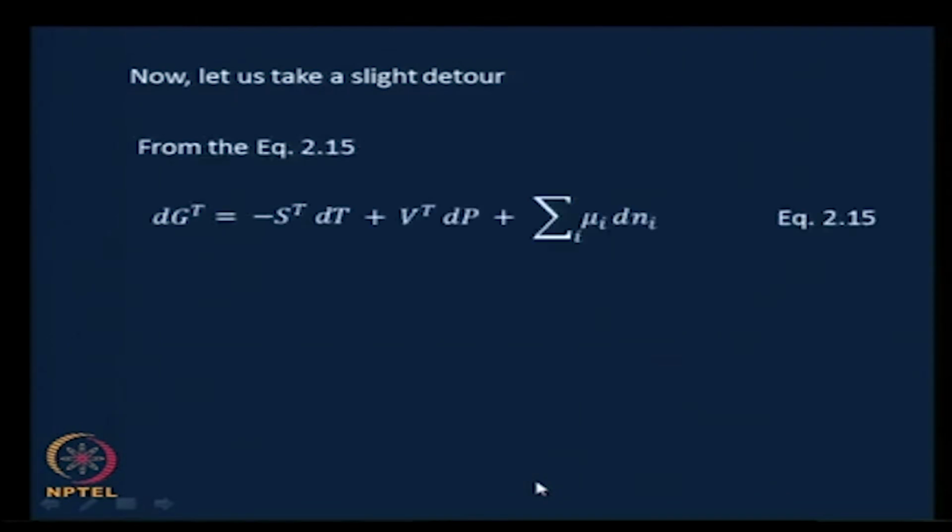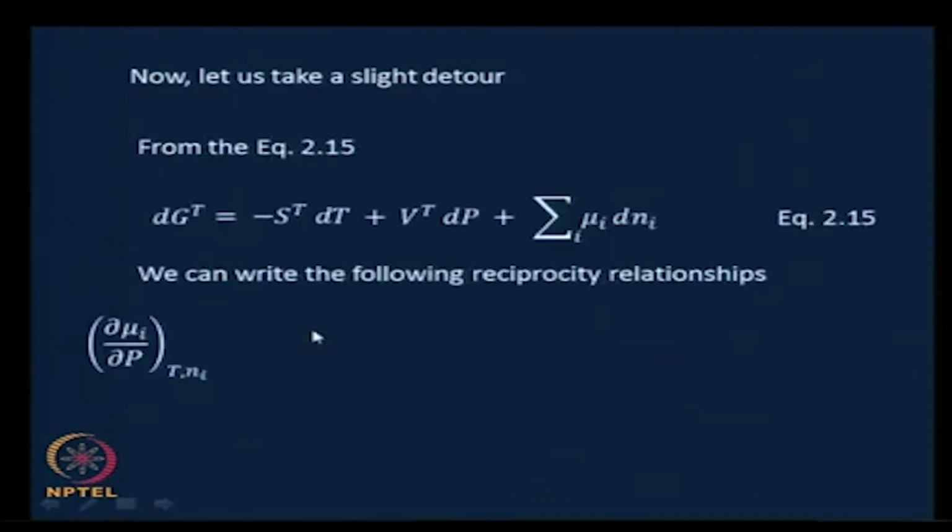When we took the detour, we started to consider equation 215, dGt equals minus St dT plus Vt dP plus sum over mu i dni, and then we employed the reciprocity relationships that we picked up in module 2, over two parts of this equation at a time.